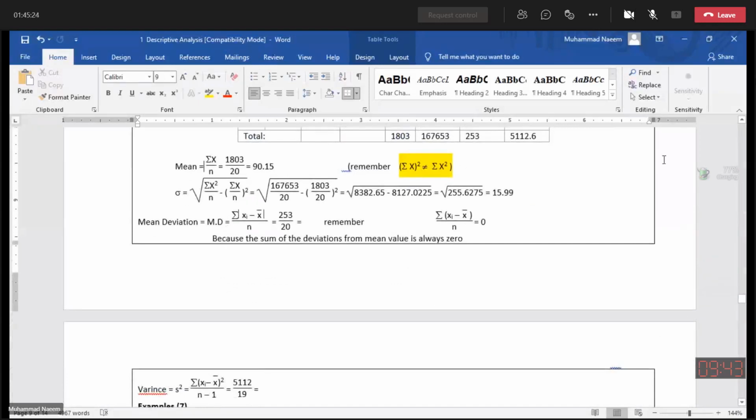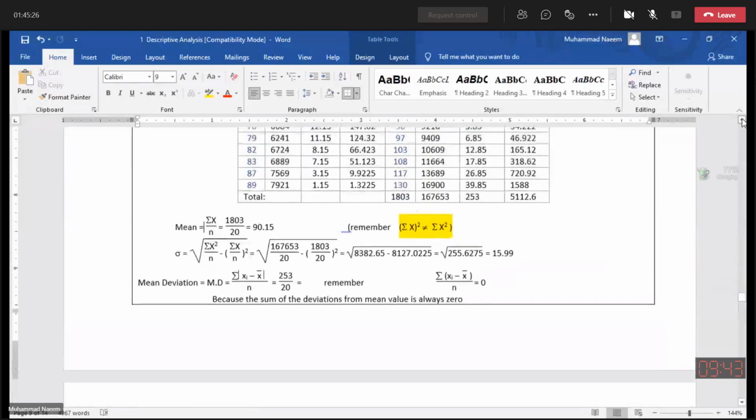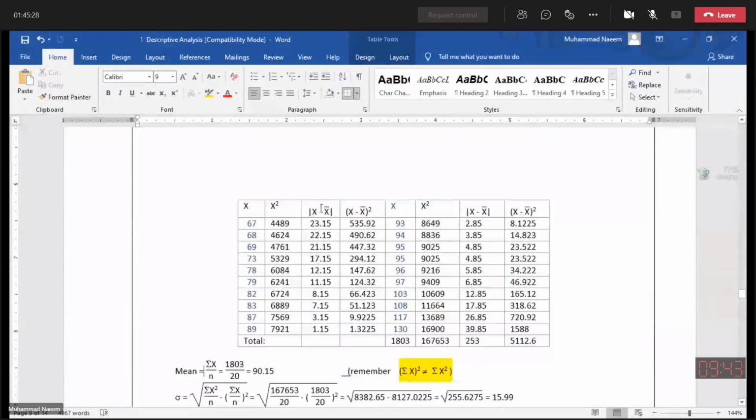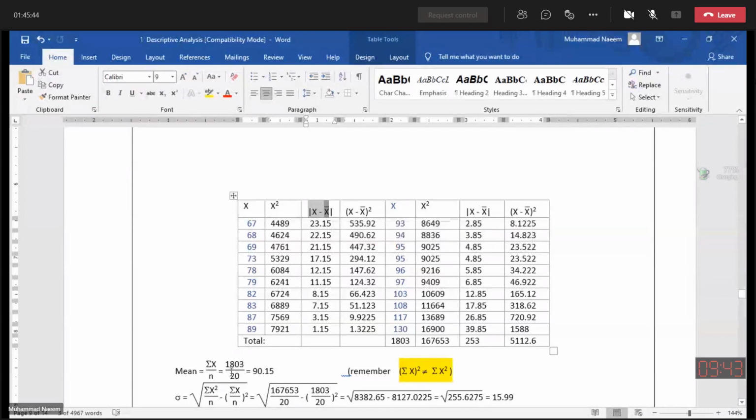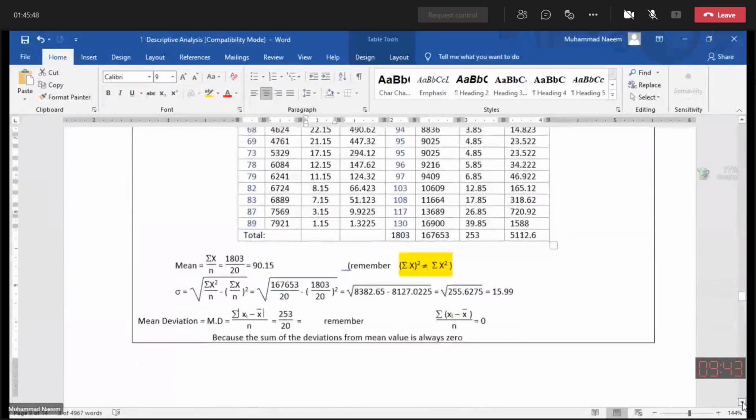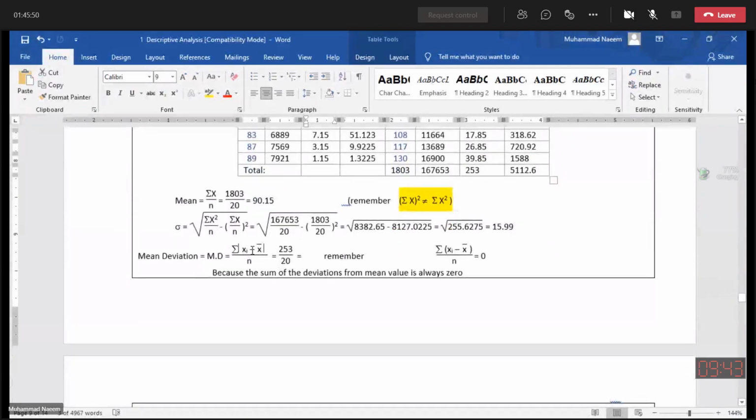For the mean deviation, we have calculated the mean. So first find x minus x bar with positive sign because we are taking the modulus. Sum up all these modulus values and use them in this formula.